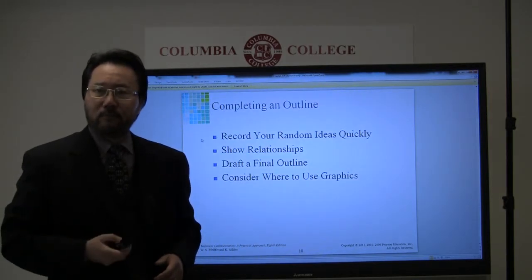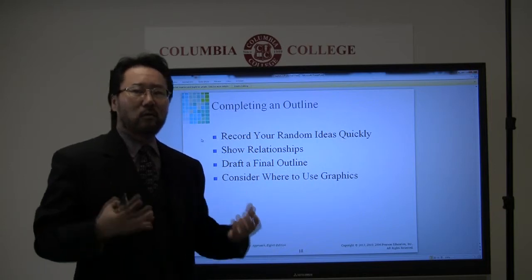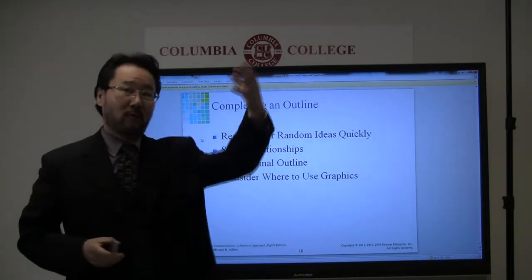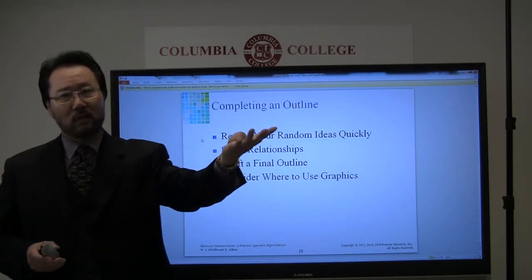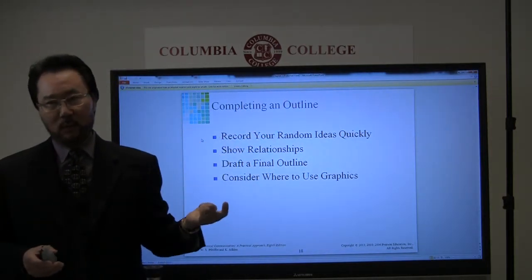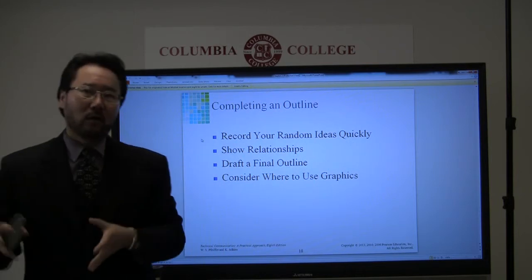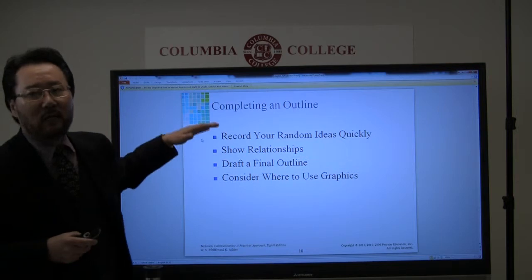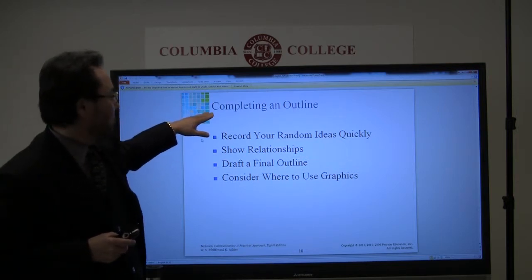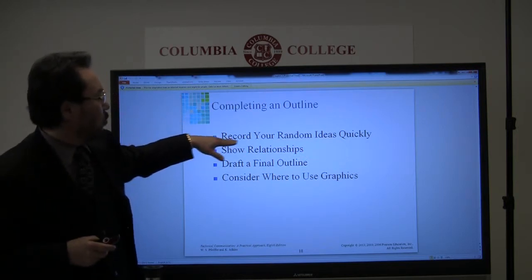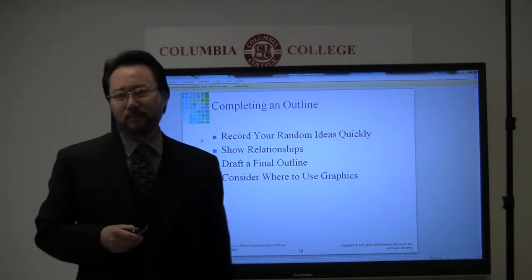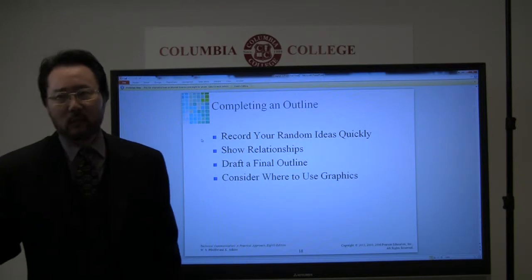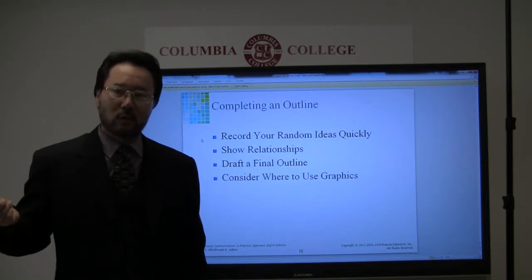Okay, now once you gather all your information and you made a note, so far we defined the purpose, we defined the audience. Third, we collect all the information with all the notes. Then we try to outline what you gathered. So record your random ideas quickly. This is more like brainstorming in academic writing or writing some type of story.